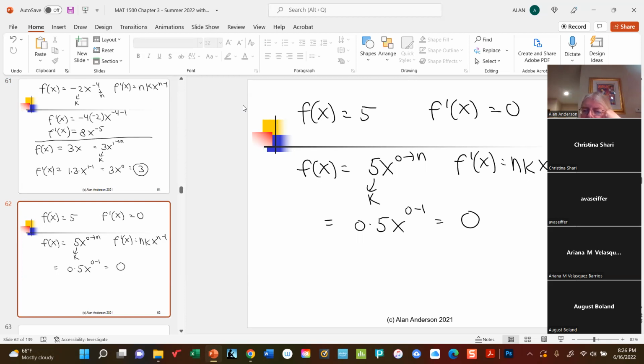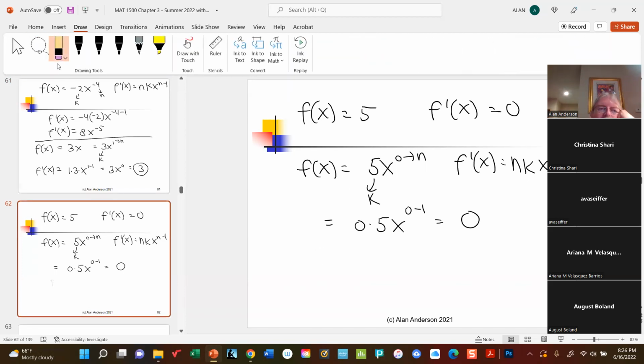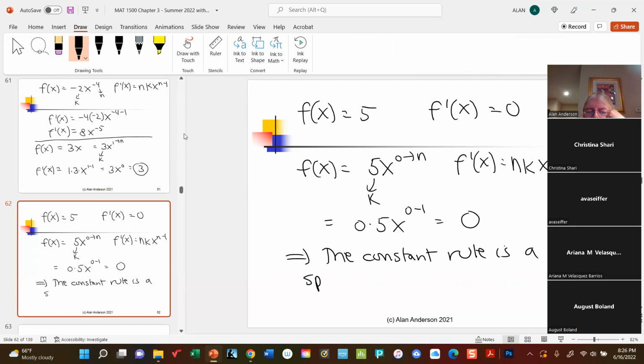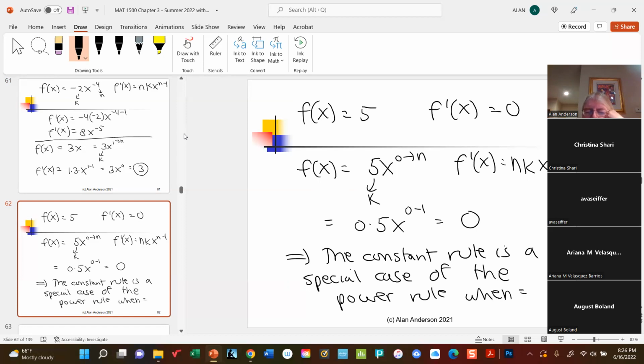So in other words, what we just got through demonstrating is that the constant rule is a special case of the power rule when n equals 0.